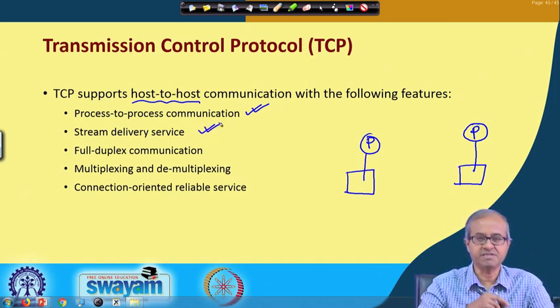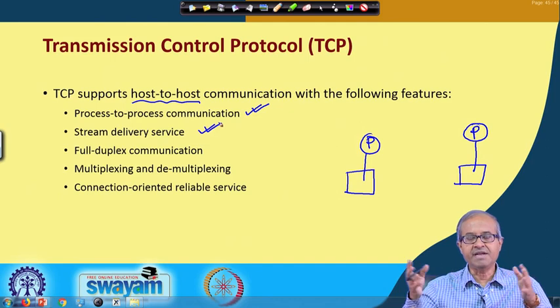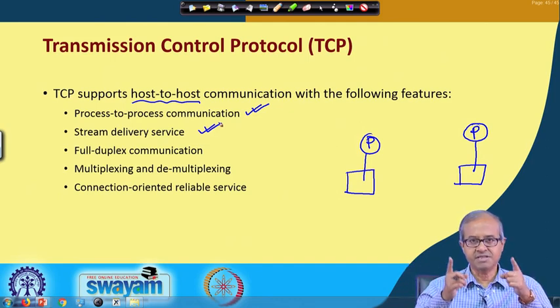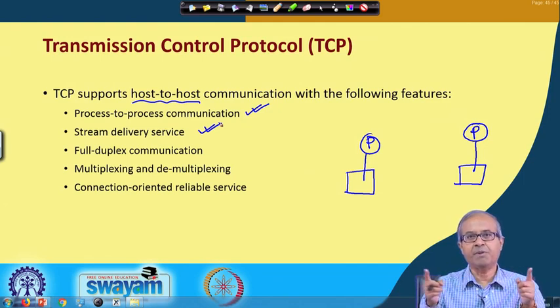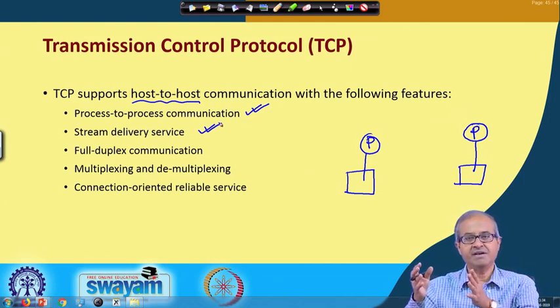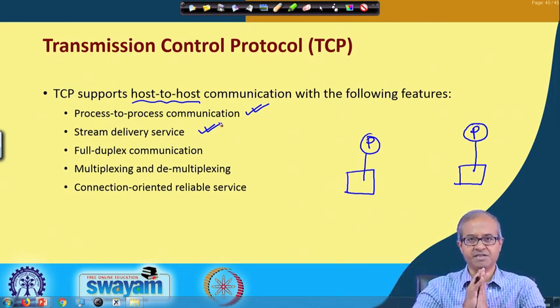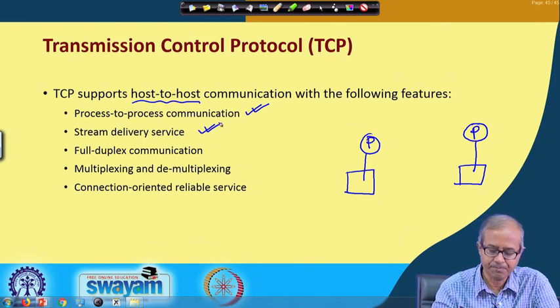Stream delivery service, the data that are being transmitted, these are called segments, they are considered to be as a stream of bytes. A stream of bytes are sent, a stream of bytes are received at the other end. This is said to be a stream oriented service. Full duplex means both way communication, two way communication.